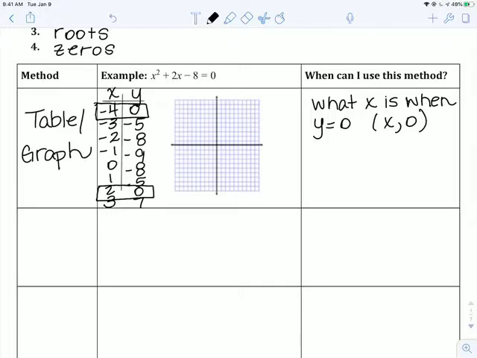And of course, if I were to graph this, here's what it would look like. And I'm looking for my symmetry, which is happening right here. So I know that I've got a vertex at -1, -9.